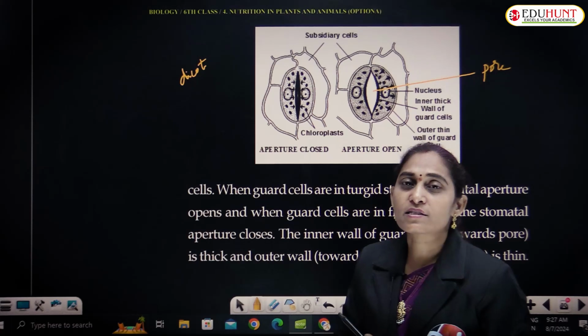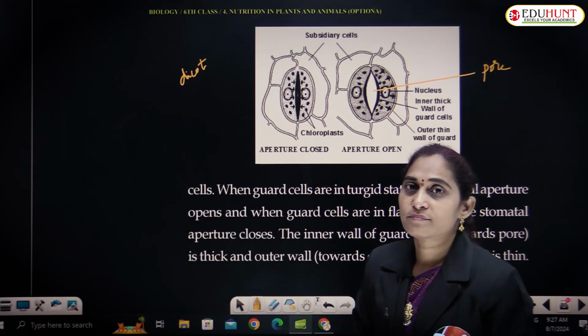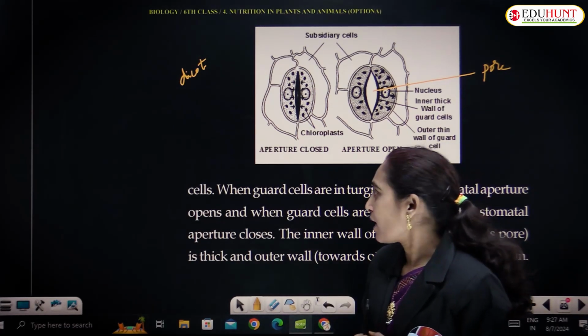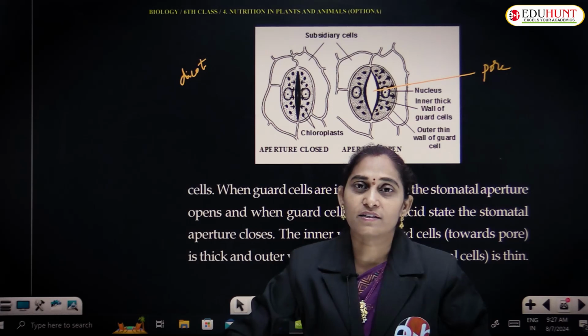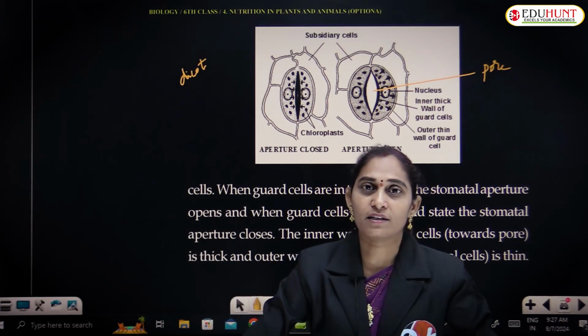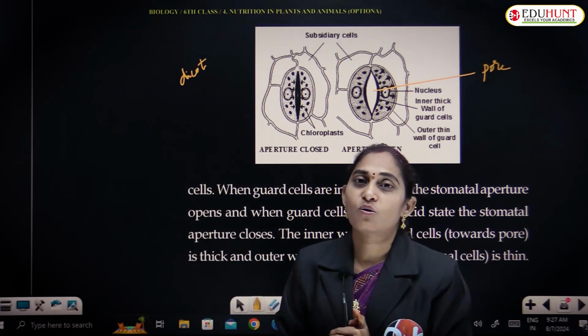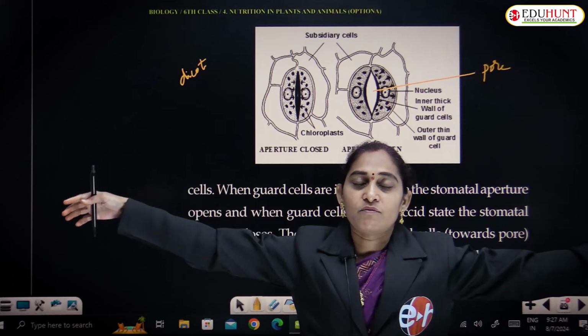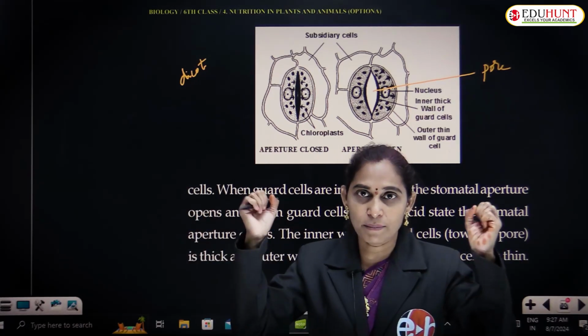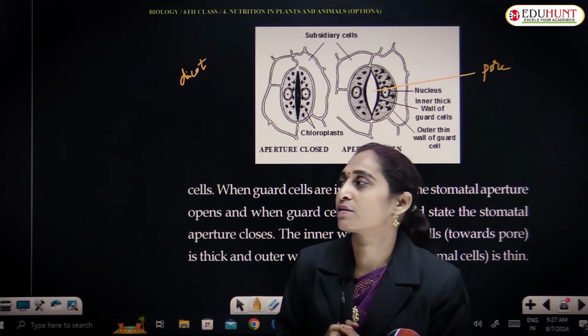In monocots, the cells are dumbbell-like. Not like this, they are like dumbbells. You have seen people in the gym with dumbbells, right? Not those big wheels; two individual dumbbells like that.